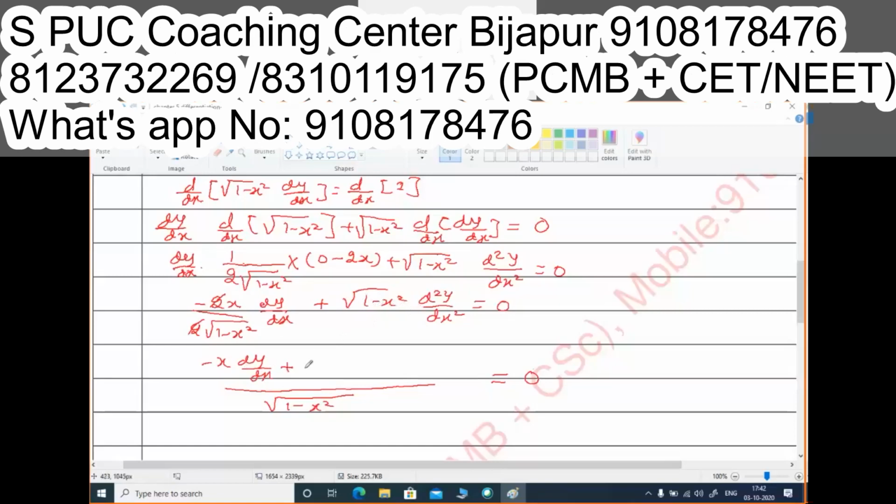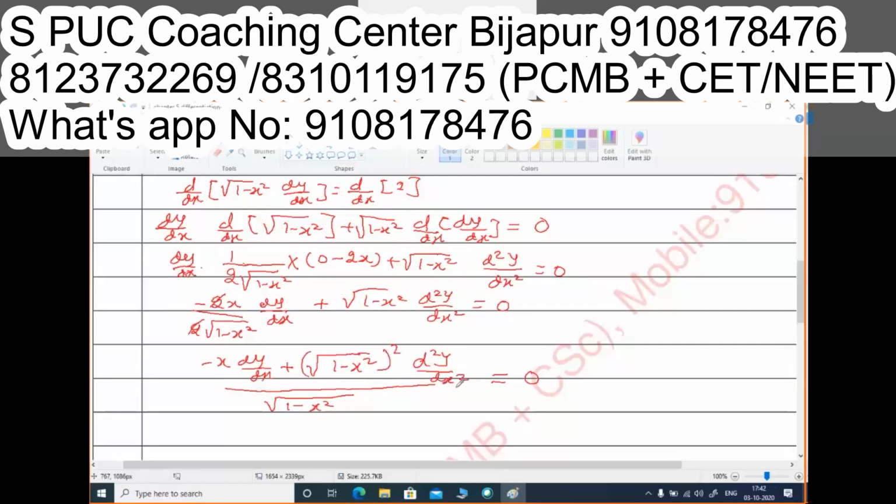Plus, this has to be multiplied now, that is root of 1 minus x square into root of 1 minus x square, that I am going to write here as whole square, into d square y by dx square.